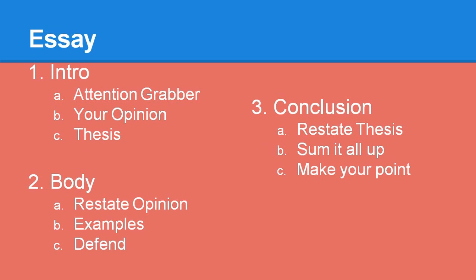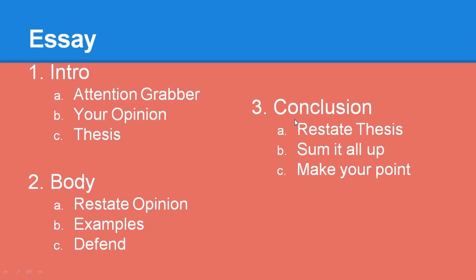In the body, I would first restate the opinion that you have, and then cite several examples that defend that opinion, and why they're important, and why you think your opinion is correct. For the body paragraph with the examples, you could probably stick to one big body paragraph, or you could have two body paragraphs with two examples in each paragraph, or you can organize the examples any way you'd like.